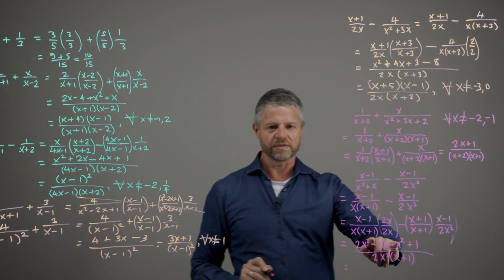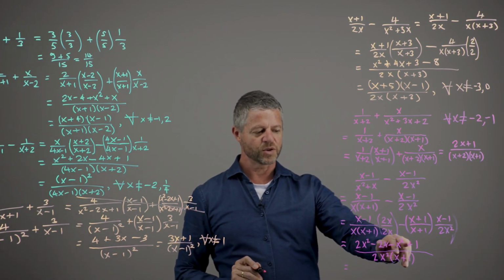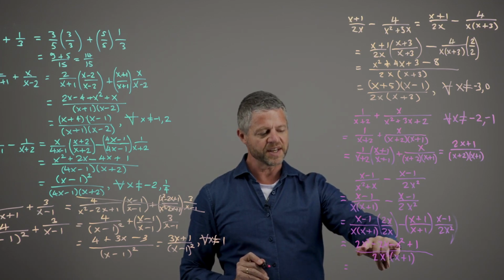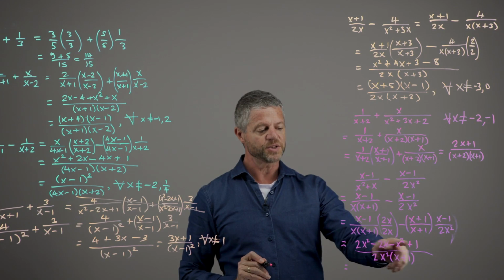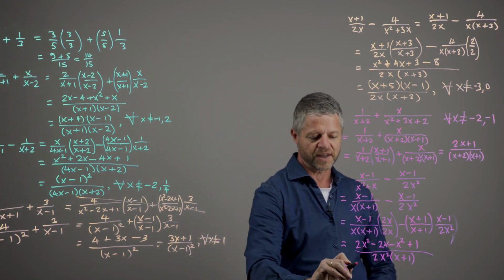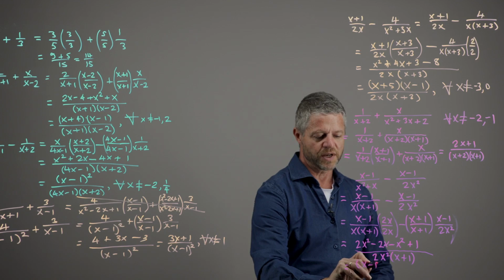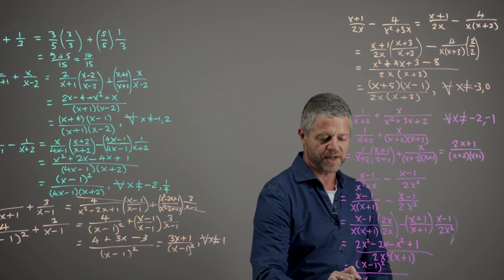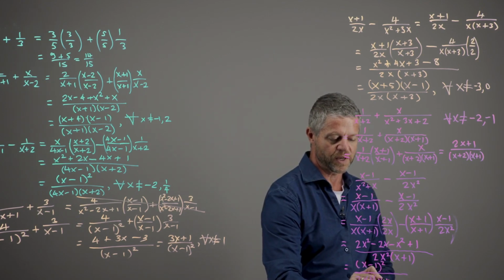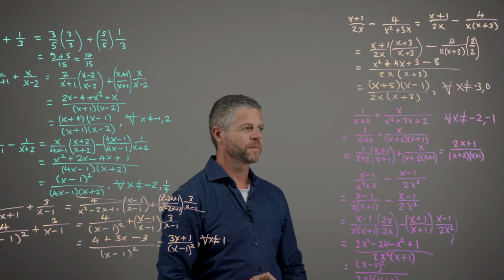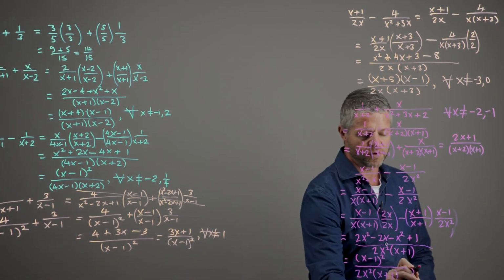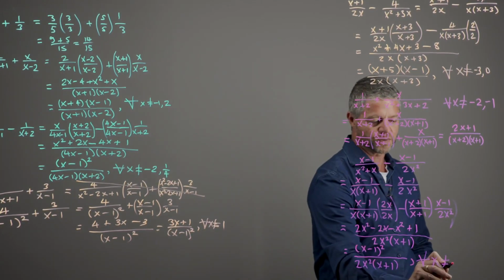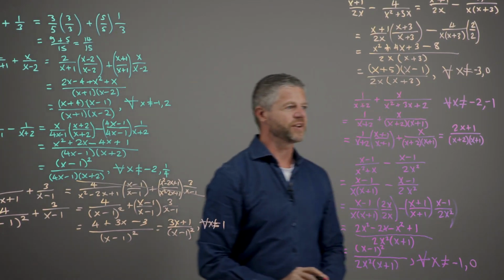And let's see if we can factor that quadratic in the numerator. We got 2x squared minus x squared, so we got x squared minus 2x plus 1. So that's x minus 1 squared. And then we got 2x squared, x plus 1 in the denominator. And that's good for all x except for minus 1 and 0.